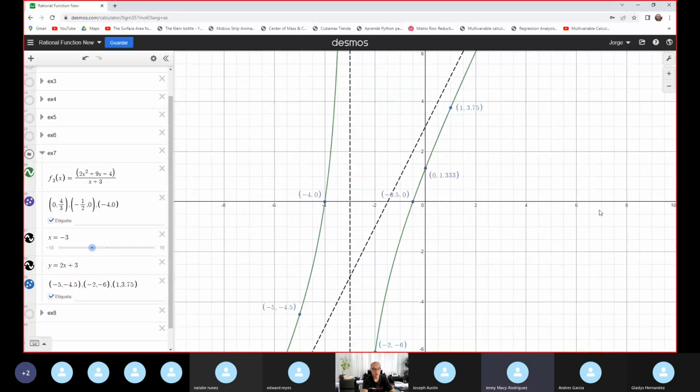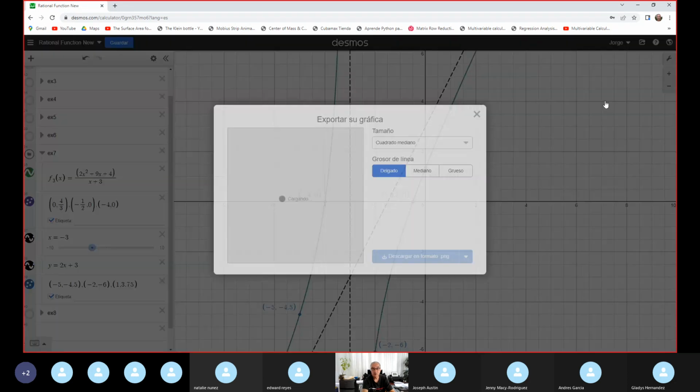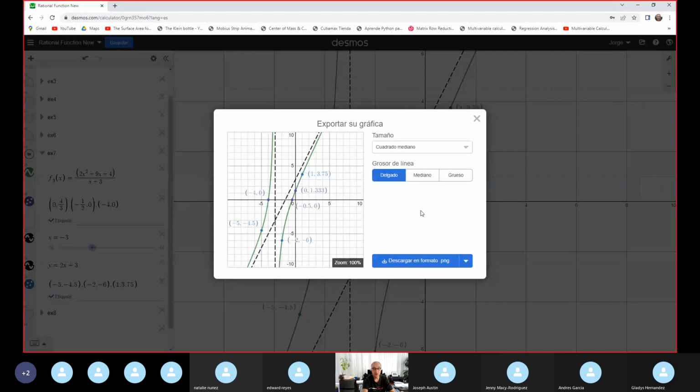This is the way I want you to do it for the test, or in any problem you have in your life. And remember, you take a screenshot using the application that will allow you to capture the screen, export, like a download, in PNG format for pictures.